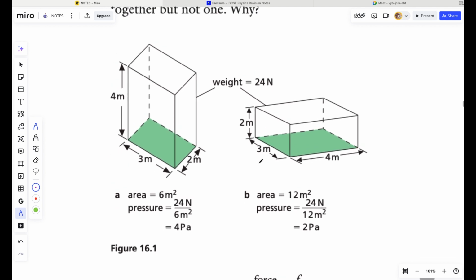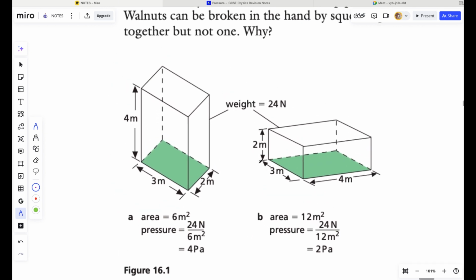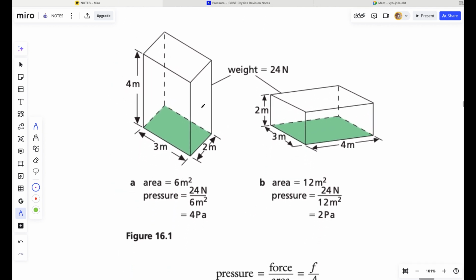When an object acts on the ground, let's say you have a cuboid like this, standing on the ground. We have one lying flat, and we have one standing vertically like this, and we have the weight of the object. If you look at these two, they are the same, but we are using different faces to stand on the ground.